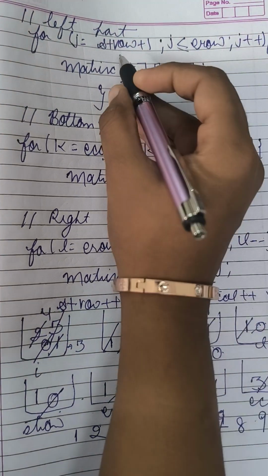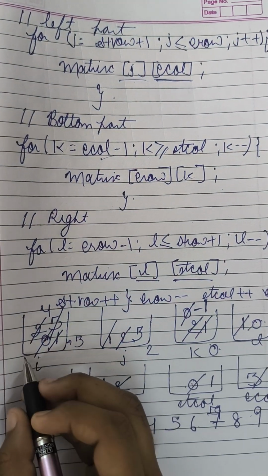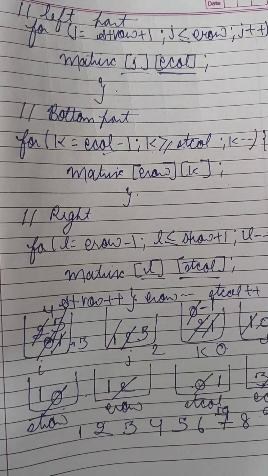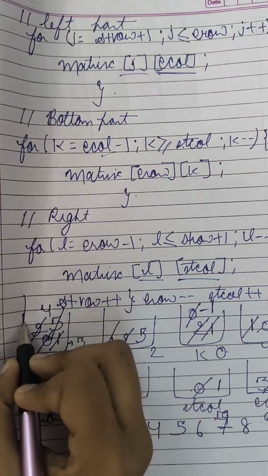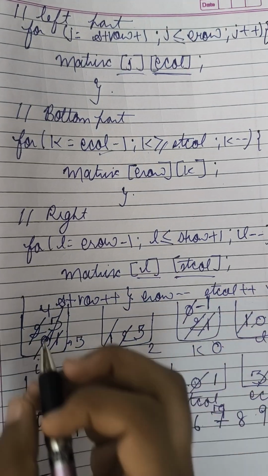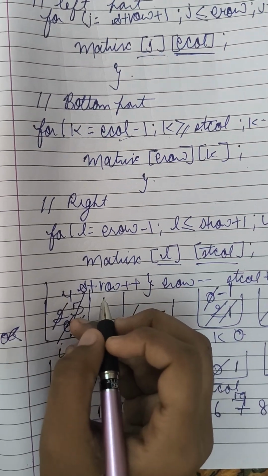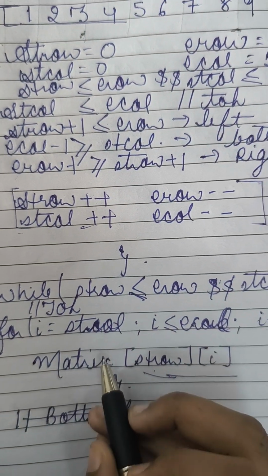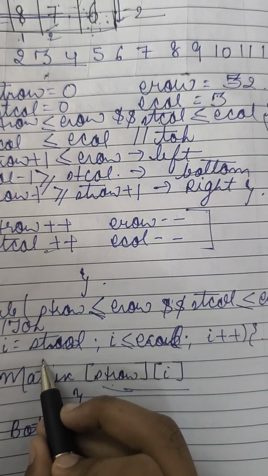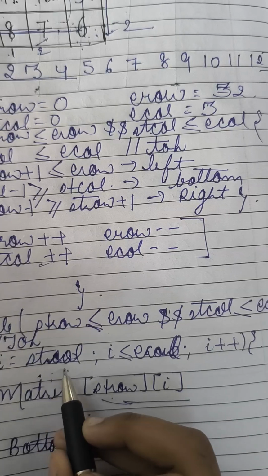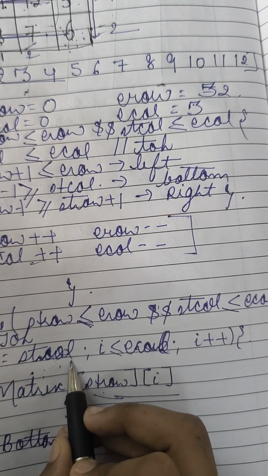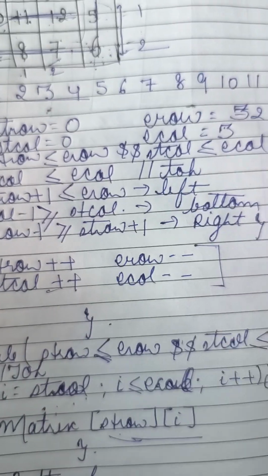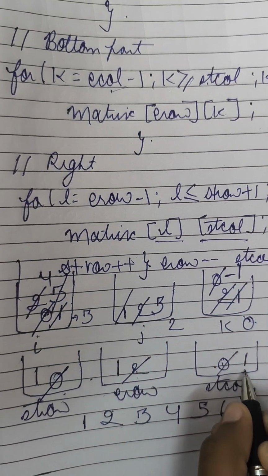For the left part, starting row plus 1, which is the I. I know it is going to become a bit clumsy, but if you have understood till now, then you would get the points which I am going to write right now. Please try to understand. So see, when I have to do starting column, I am taking starting column. So starting column is over here first, because it changed over here first.